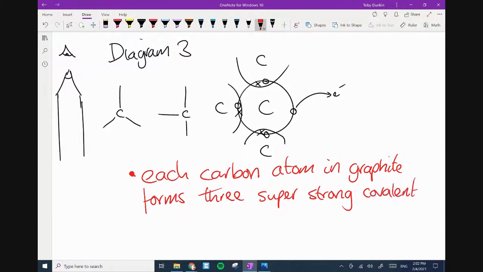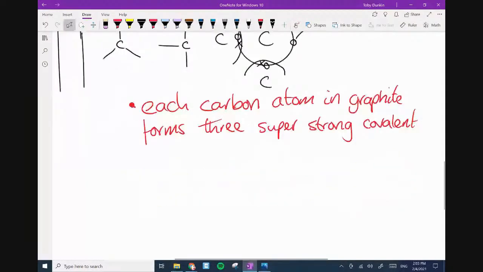These are the same bonds that are in diamond. It's just not making 4 of them. 3 super strong covalent bonds.